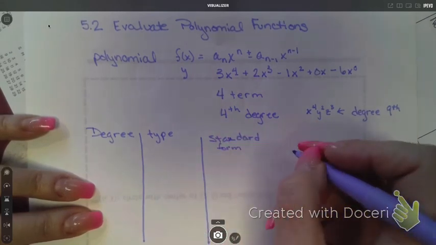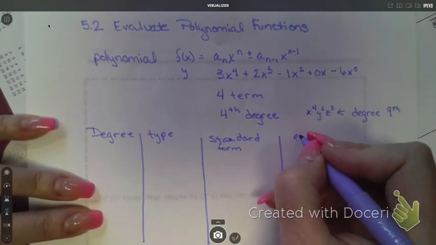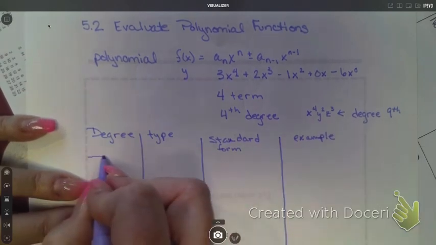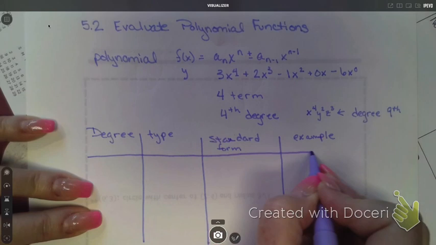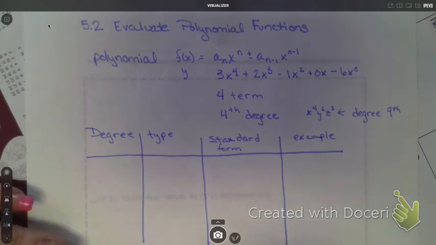And then an example. What's the film one? Standard form. My N kind of looks like an R. Sorry.